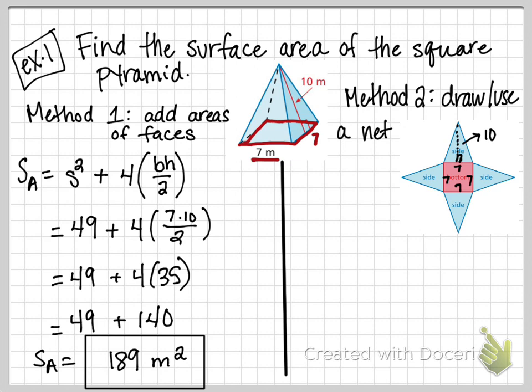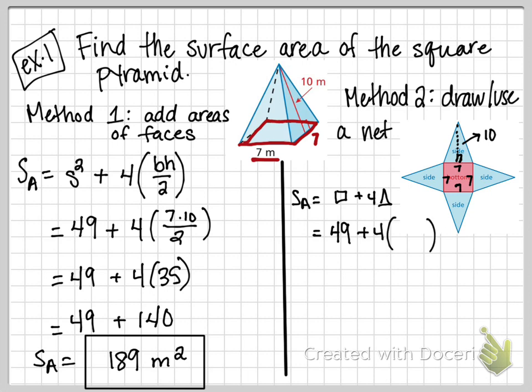So we could do the same thing. First, find the area of the square, which is 7 times 7. So we do our square plus 4 times the triangle. 7 times 7 is 49. That's the area of our square.